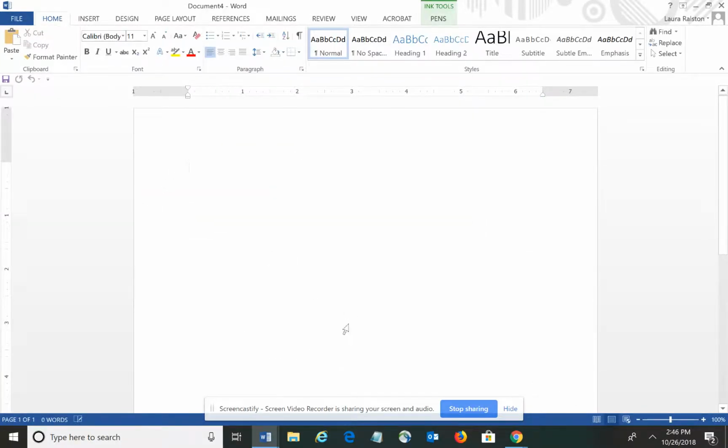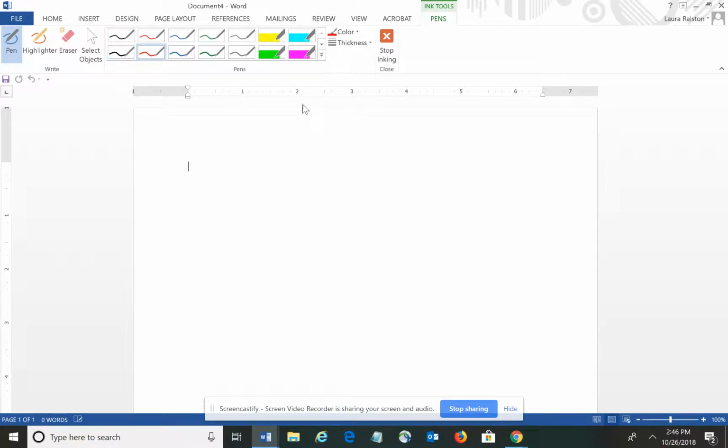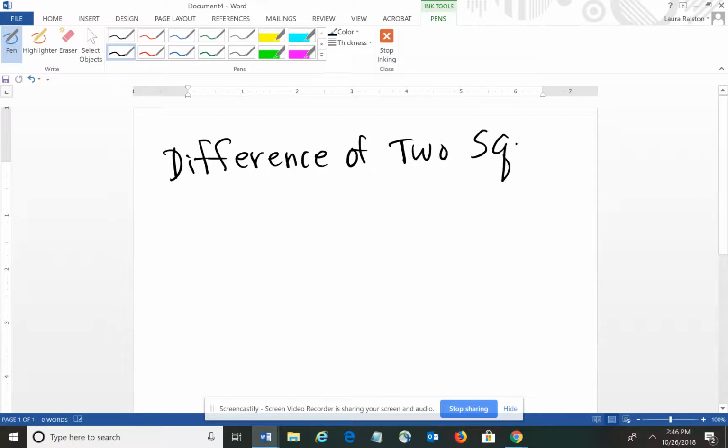The three patterns are a difference of two squares. When you're trying to identify the difference of two squares, one clue is that typically you're going to see an exponent of 2 on the variable and a minus sign between them.